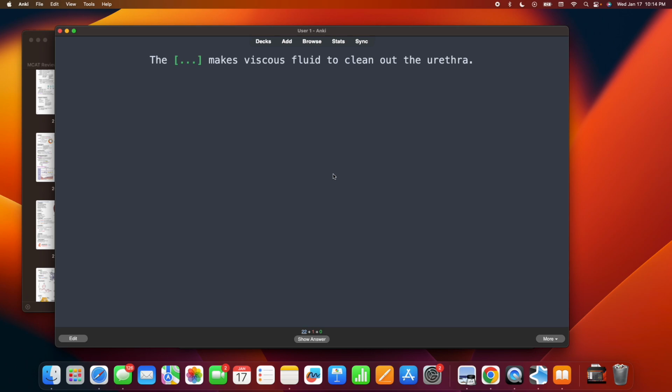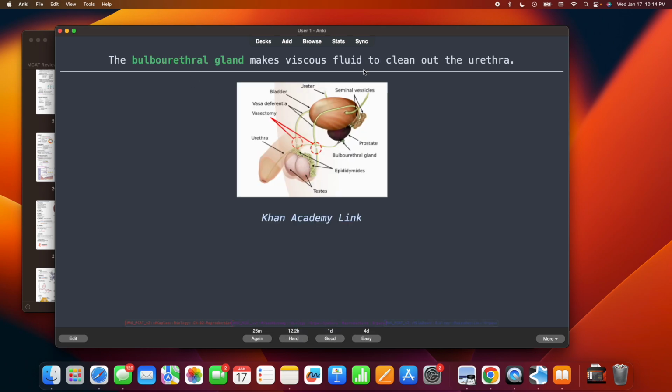What makes viscous fluid to clean out the urethra? We know this is the bulbourethral gland that does this. Yes, makes viscous fluid.